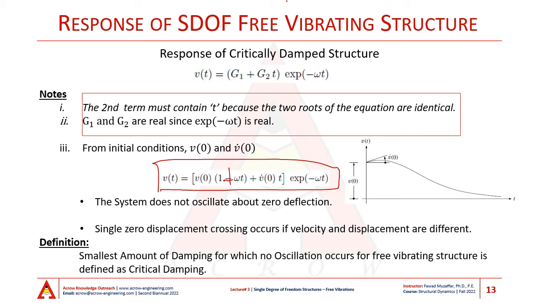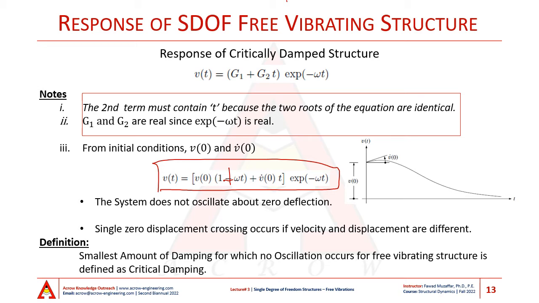And if we plot this equation as a function of time t, we will note that this system will never oscillate about its equilibrium position, except if the velocity and displacement are different in direction.